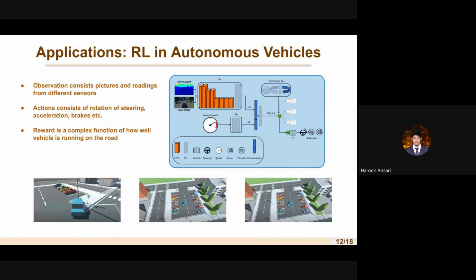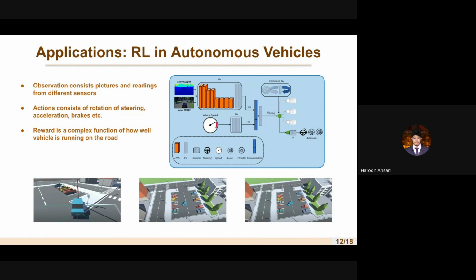It's not as simple as it looks; a lot of effort goes into reward engineering, deciding what the correct reward should be for a given problem. For autonomous vehicles, it's a combination of different factors, like the speed of the vehicle, how it avoids obstacles, and how much the car shakes. It's a very complex function, and this whole complex function is fed to the agent.